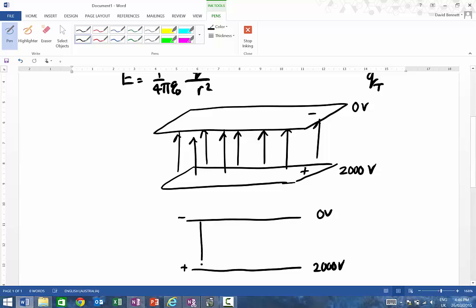In here, you evenly space them. If you evenly space them, that represents a nice uniform electric field. At the ends, you'll probably get a little bit of distortion.